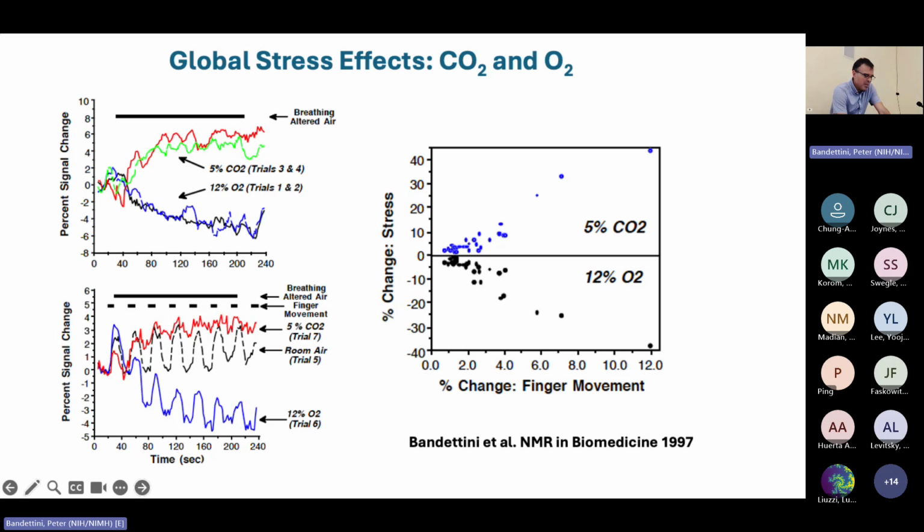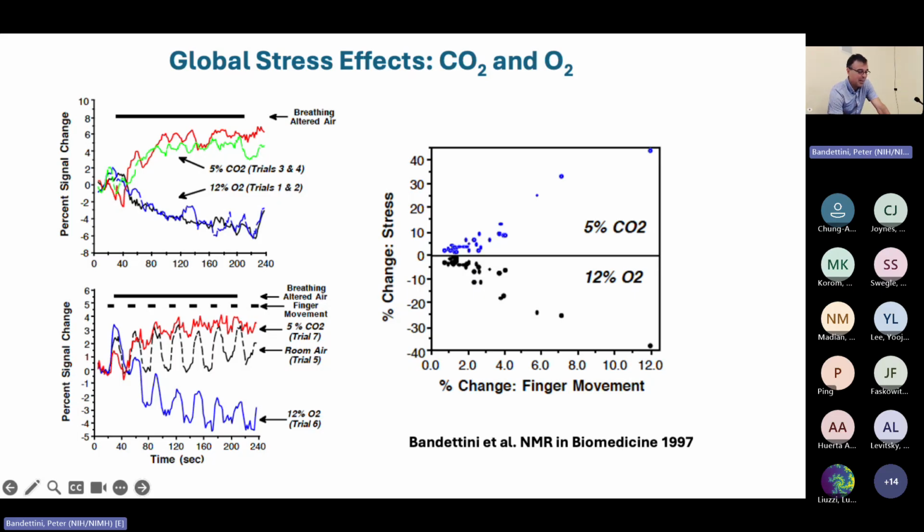What's really interesting from this histogram, and this is one thing I found very revealing, is that if you look at the percent change during the stress, everything from 40% signal change with CO2 to minus 40% with decrease in O2, you find that there's a nice relationship between that and the percent signal change with finger movement.